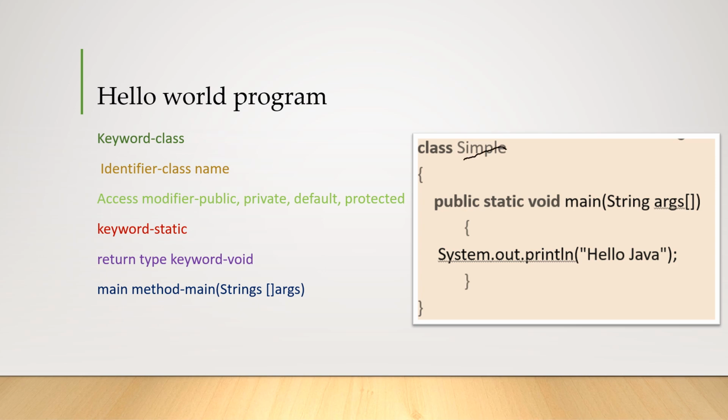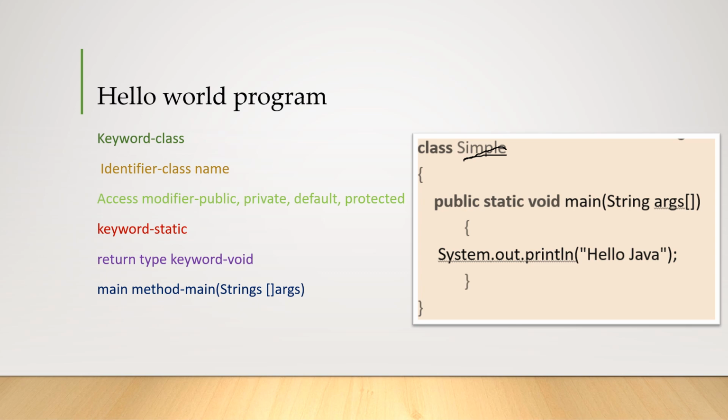So the class name in this program is representing an identifier, so that when we implement this code, the Java system will understand that this program is implemented with simple as the class name.